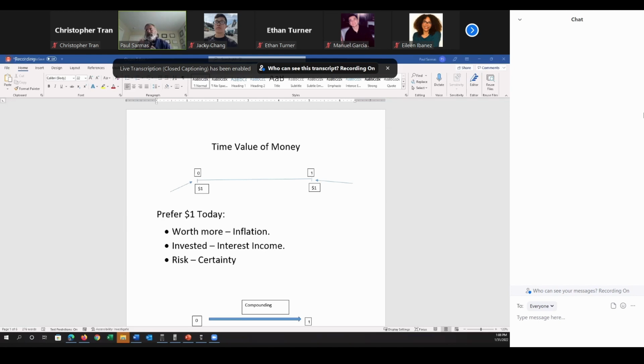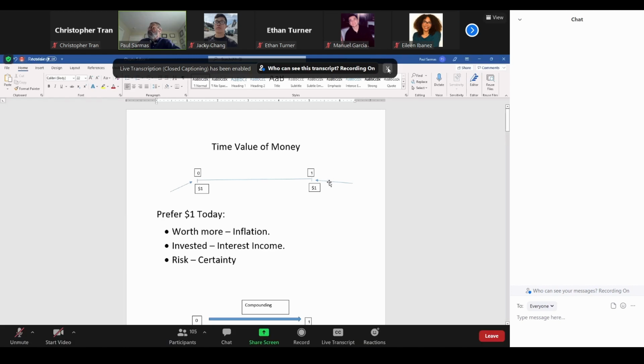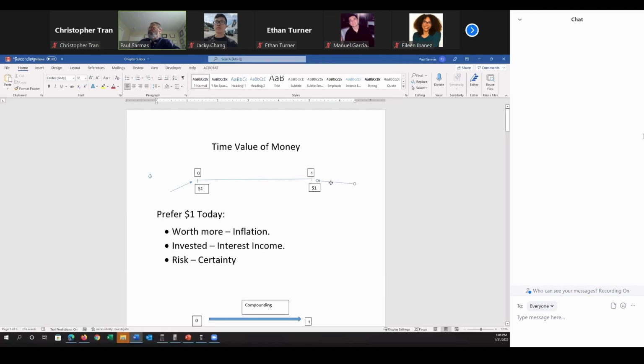So please write this down, pay attention to it. Notice the arrow here I'm putting. This indicates essentially that this is end of year. 0 indicates now, today, or make a note, the beginning of year 1.